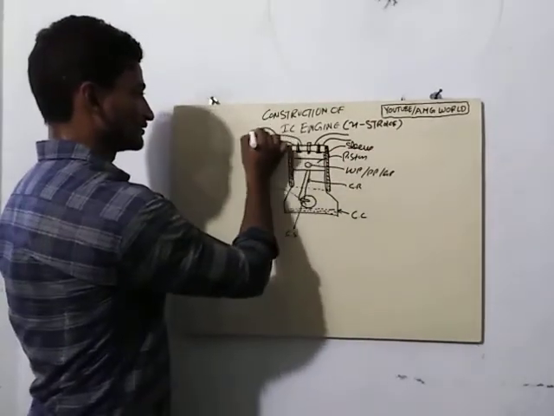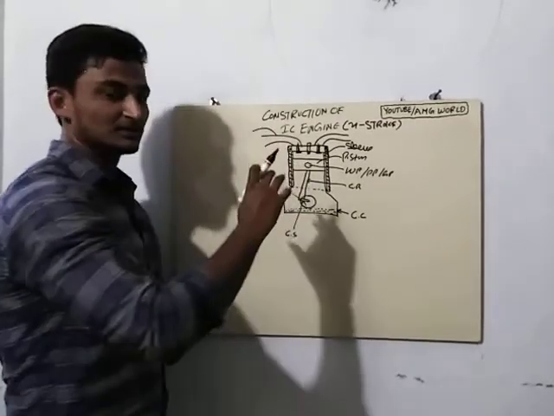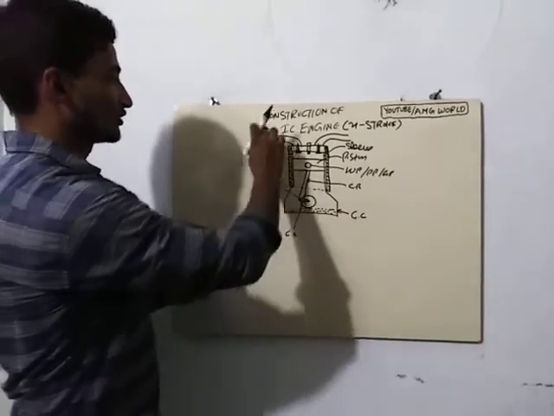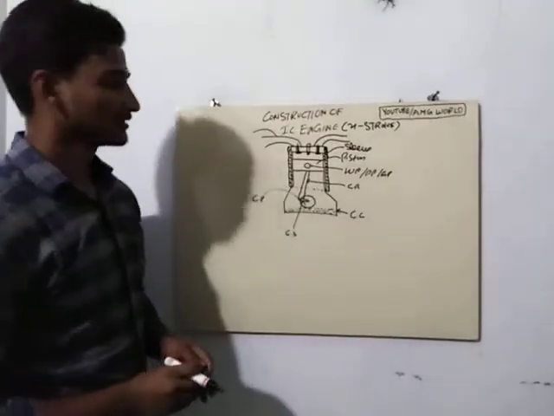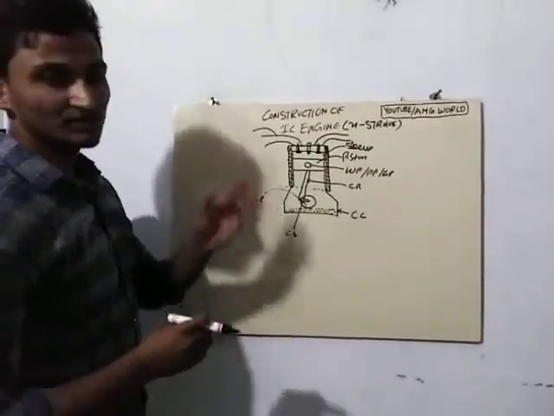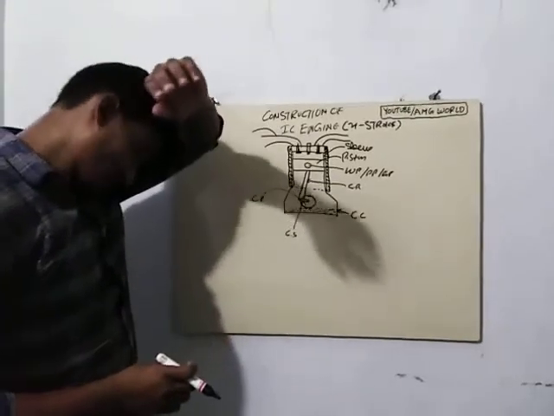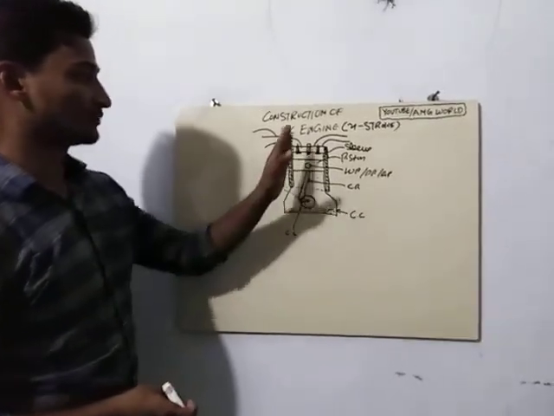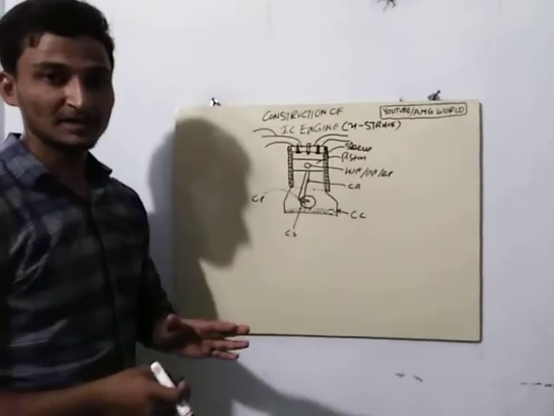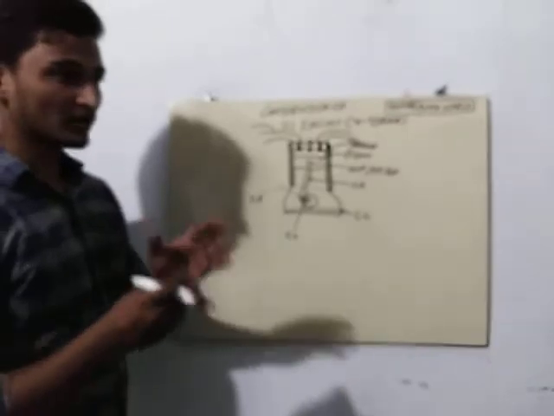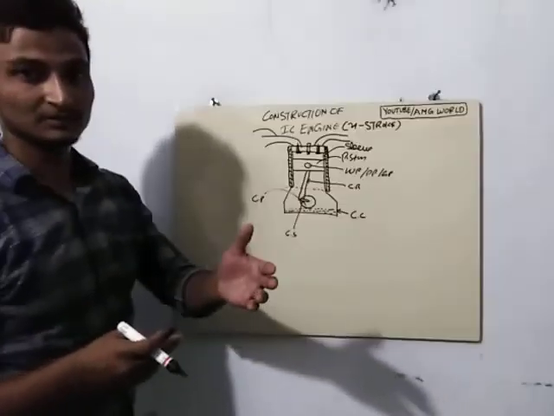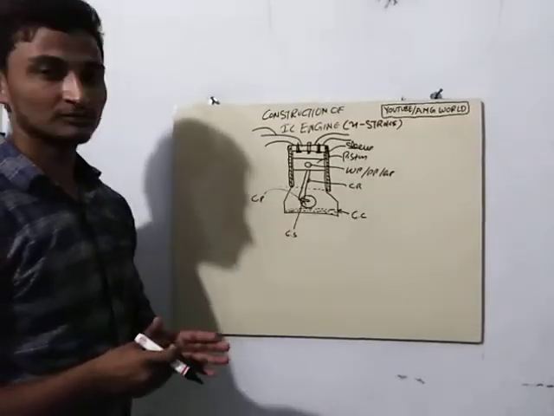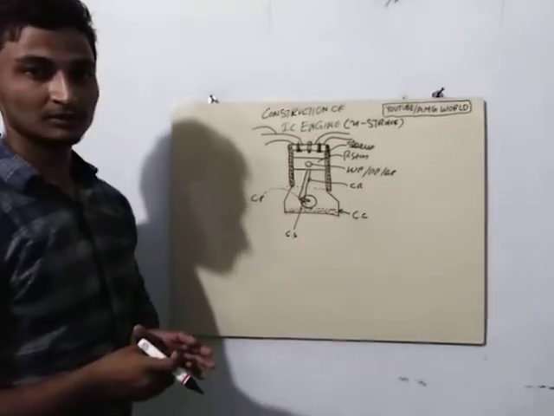And this pipe-like structure is generally made of aluminum, or sometimes we can use iron also, because at the exhaust port the temperature is a bit higher than at the inlet port, because all the burnt gases are going to escape from this port, which is the exhaust port.